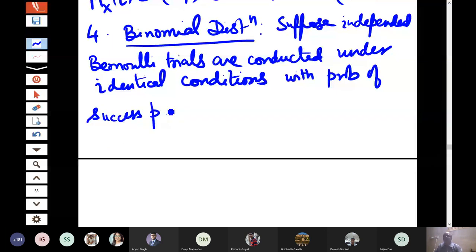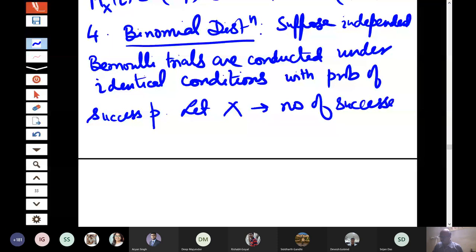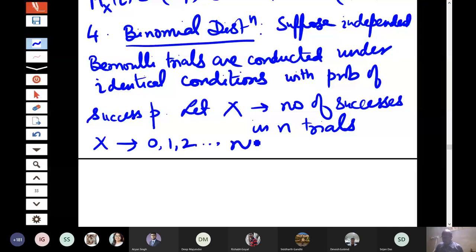In each trial the probability of success is p and the probability of failure will become 1 minus p. Let X denote the number of successes in n trials. Then what are the possible values that X can take? They can be 0, 1, 2 and so on up to n.